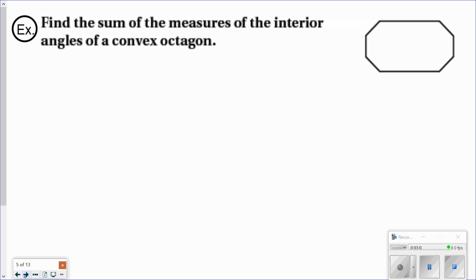Find the sum of the measures of the interior angles of a convex octagon. First we have this word octagon. How many sides are in an octagon? Well, that would be 8. So an 8-sided polygon is an octagon. I'm going to plug that into my equation, n minus 2 times 180.